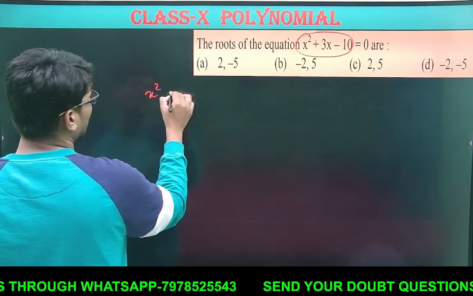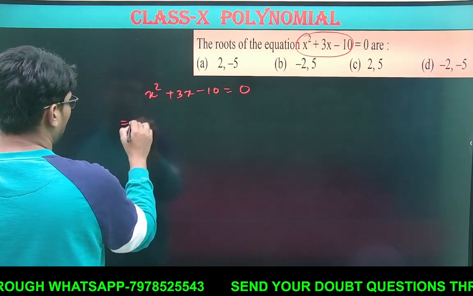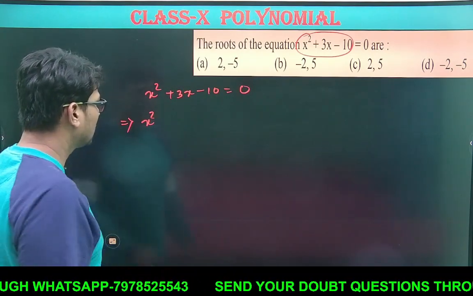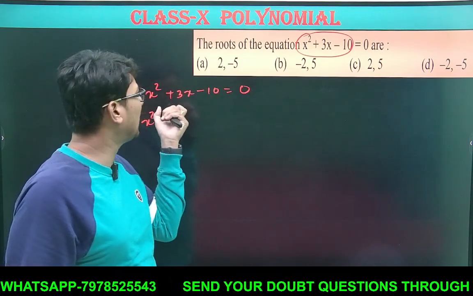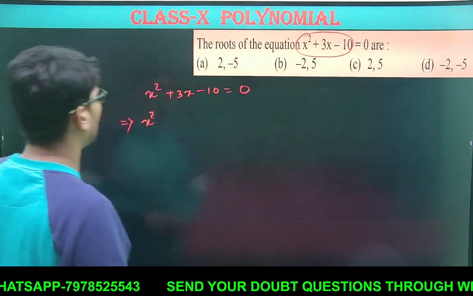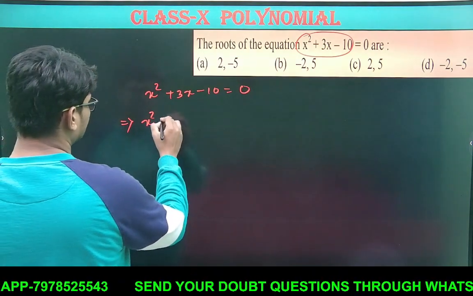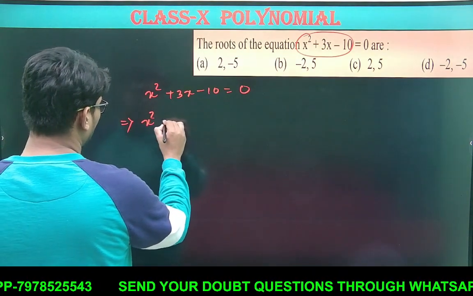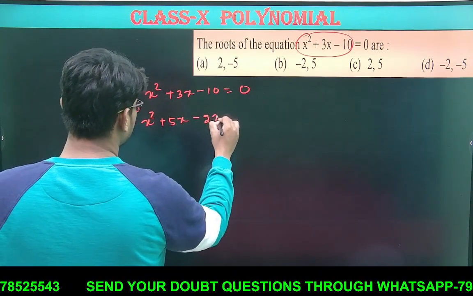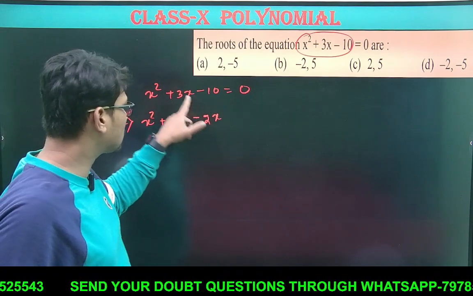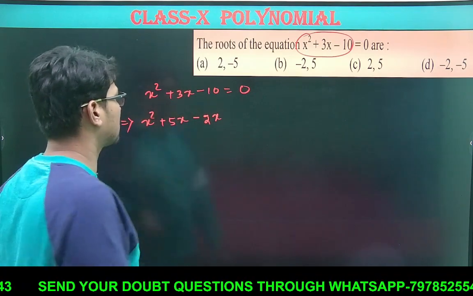Hence x square plus 3x minus 10 equals 0. Let us simplify. We have to split the middle term in such a way that the product is minus 10x square and the sum is 3x. So let me take plus 5x and minus 2x. 5x minus 2x is plus 3x, and 5x into minus 2x is minus 10x square.